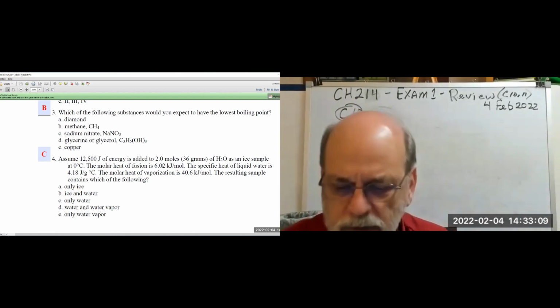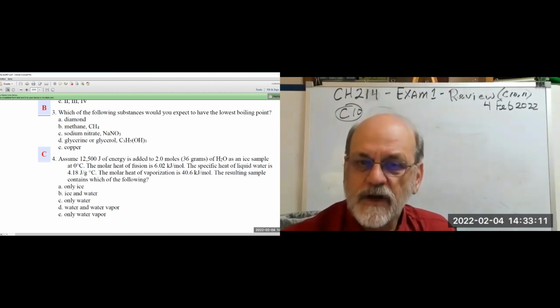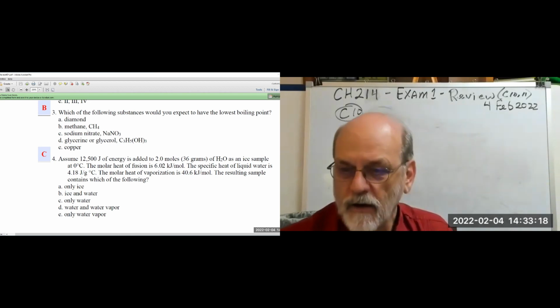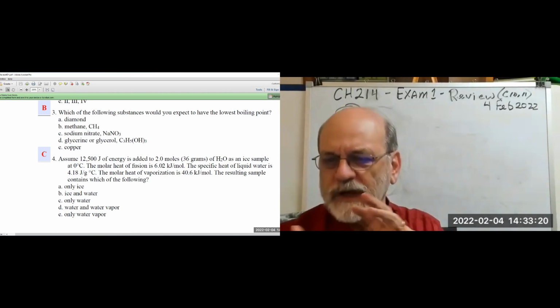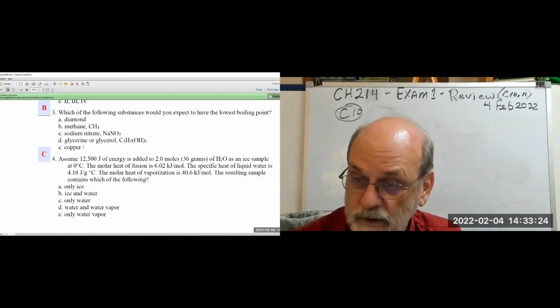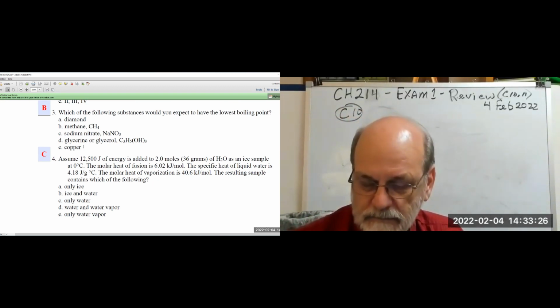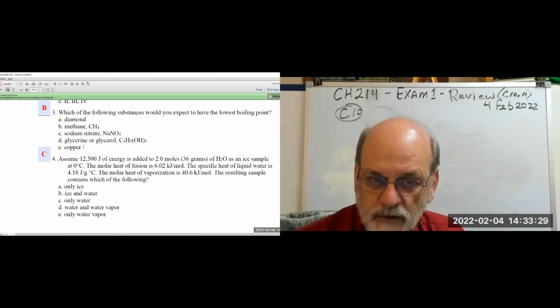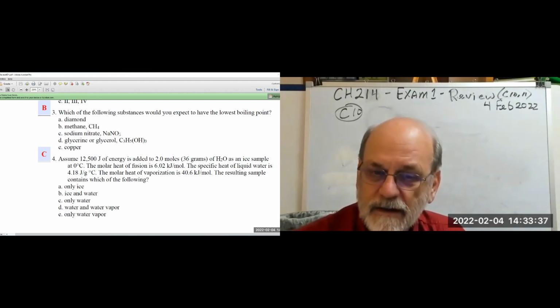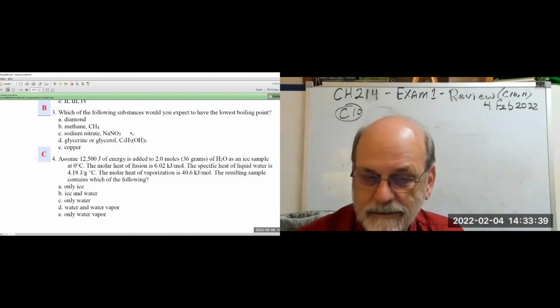Number 3, which of the following substances would you expect to have the lowest boiling point? Lowest boiling point. Okay. Weakest forces between molecules. Right. Copper is going to have a pretty high boiling point. It's metallic, non-directional. Glycerin or glycerol has hydrogen bonding. Sodium nitrate has ionic bonding.